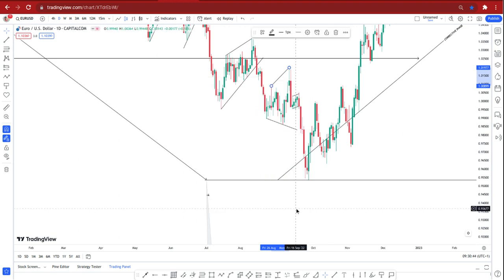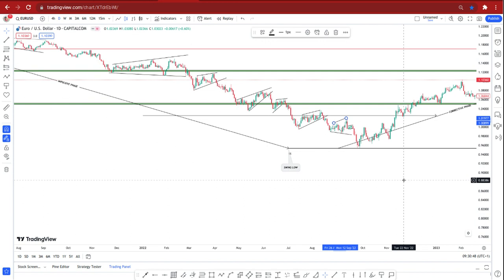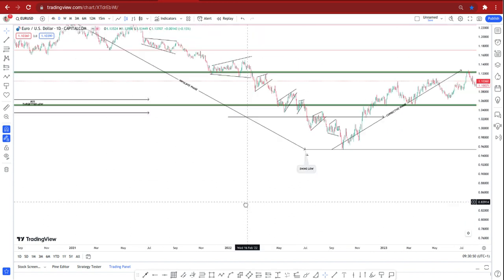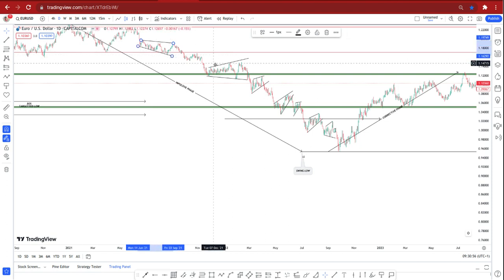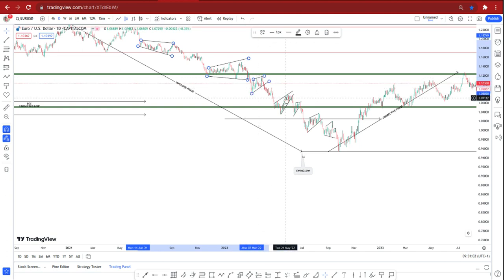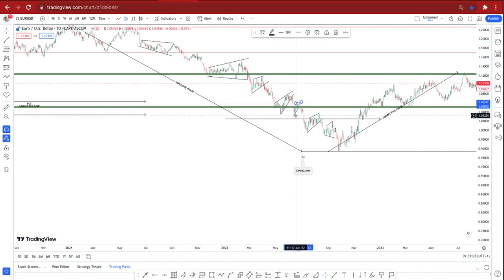So let me just try and see if I could put everything on hourly. If you don't know how to do it, once you click on one, hold down control, click on the next, next, next.